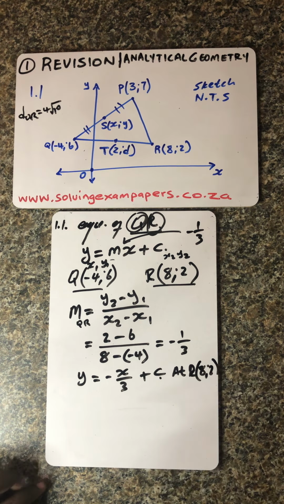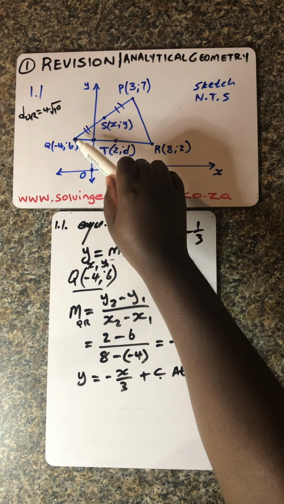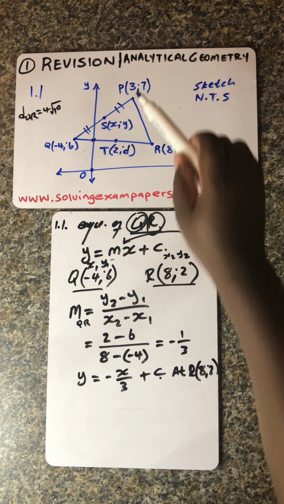That c or that q actually refers to the y value that touches the y-axis. It's that point over there. It's the point where a straight line cuts the y-axis. We refer to that point as point C or point Q. Otherwise, if we are determining an equation of that line, the C value is going to be that point over there.